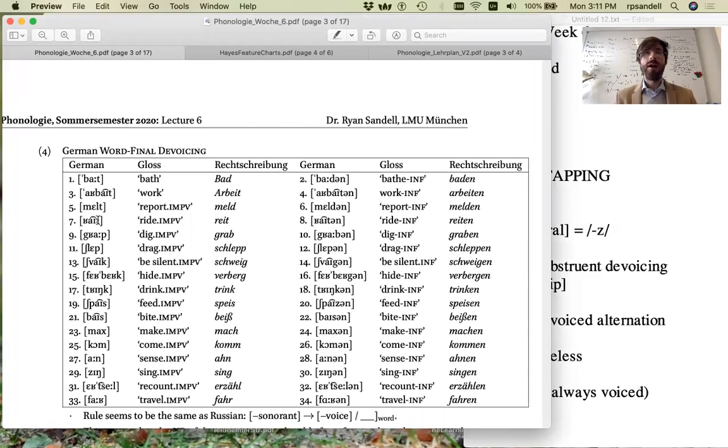In principle, whenever you simply fail to find any alternation in a morpheme, then the most efficient hypothesis is to assume that the one surface form, which always occurs for that morpheme, corresponds to the underlying form. So for instance, since stems like Arbeit and Reit always occur with a voiceless ta, we should assume that the underlying representation for those morphemes contains a voiceless ta. It's only in the cases where there is alternation that there is more than one hypothetical possibility.